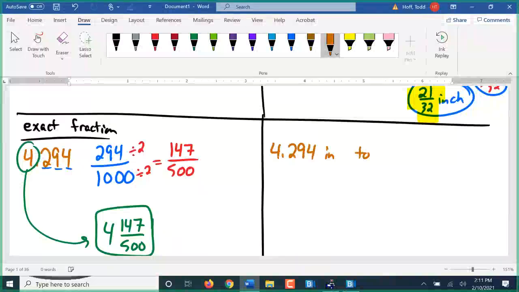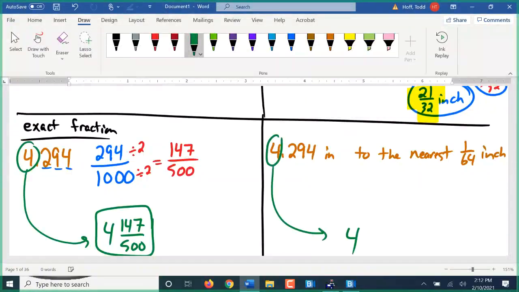Let's take the 4.294 inches to the nearest, well, let's say we're going to the nearest 64th of an inch. Well, the one part here that is similar to the exact fraction is the whole number is just going to get pulled off, or isn't going to change. But the way we handle the decimal portion is totally different.